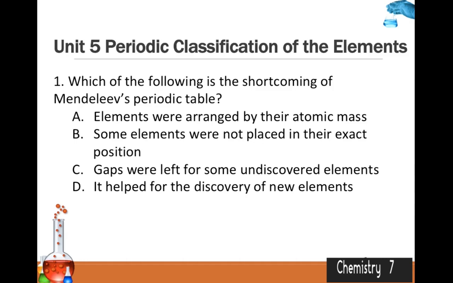Which of the following is the shortcoming of Mendeleev's periodic table? Elements were arranged by their atomic mass. Some elements were not placed in their exact position. Gaps were left for some undiscovered elements. It helped for the discovery of new elements.